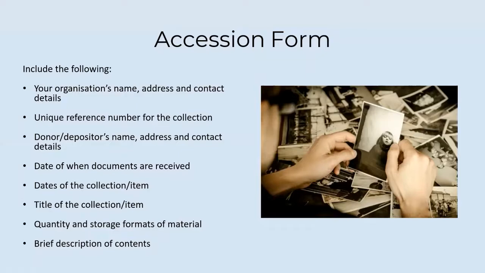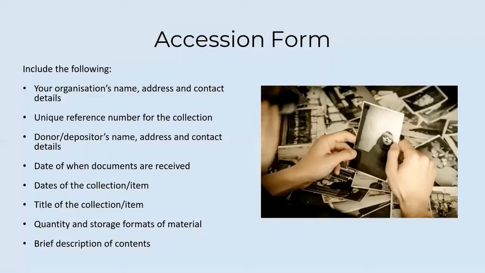It may also be useful to note the contact details of the donor's next of kin or executor if possible. The date of receipt, so when the documents are received. The date the item was created, if it's just one thing, or if multiple items, the date span the collection covers, for example 1950s to 1990s.